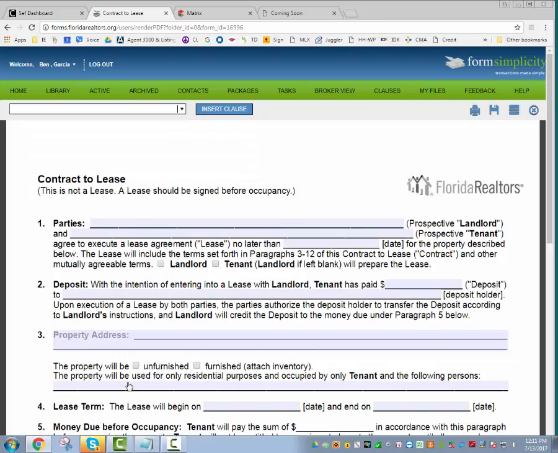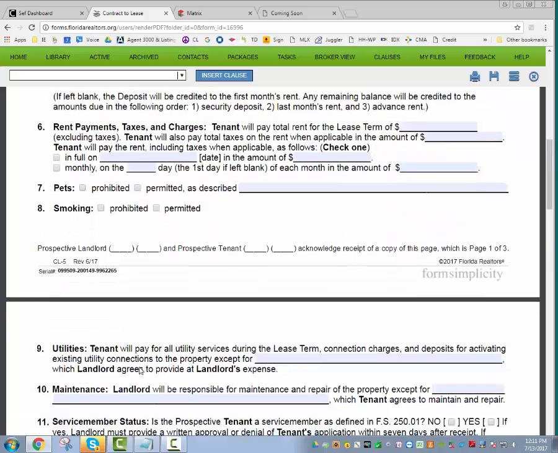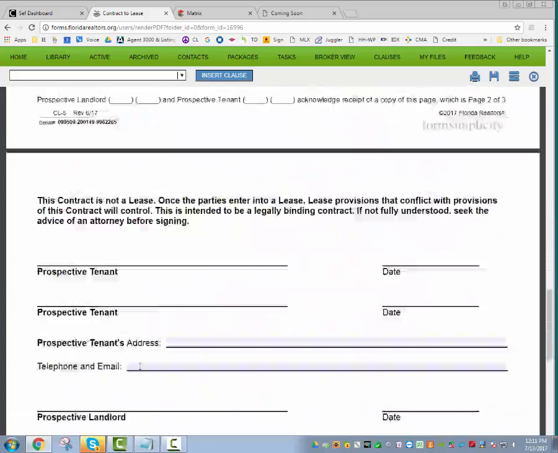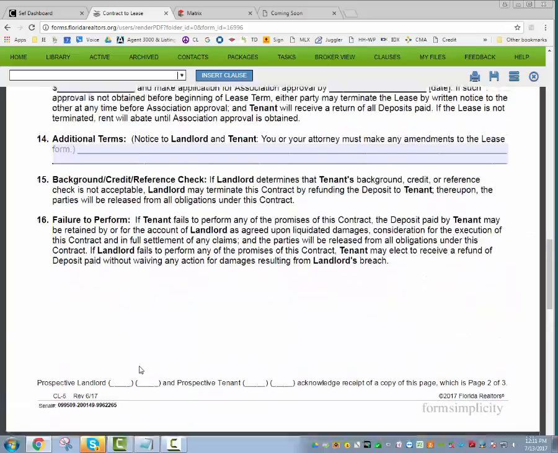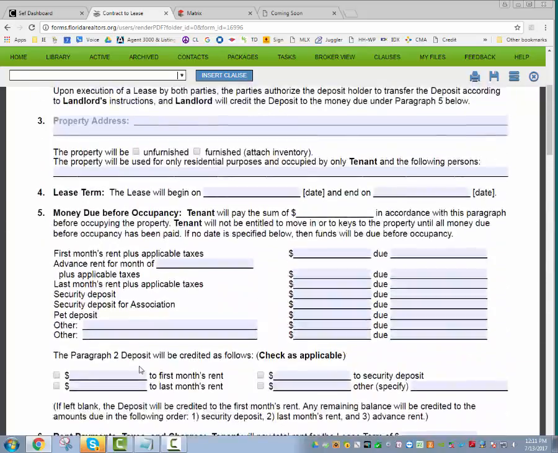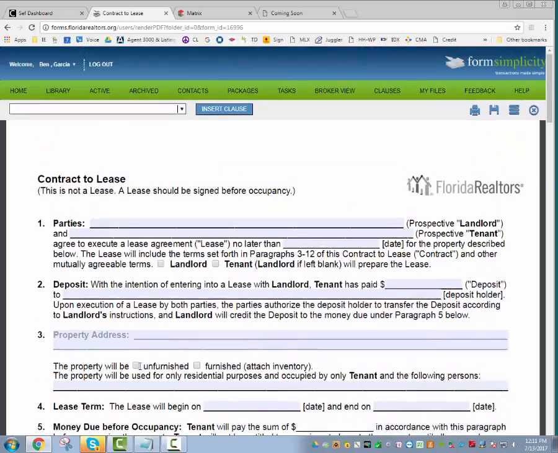Okay, so you're going to populate this form. It's a very simple form. It's only 2 pages. It's 3 pages now, but the last one was 2 pages. They've added a couple of things. So ordinarily, you can look up the landlord information according to the county that your property is in at the property appraiser's office if you care to put in the landlord's information.